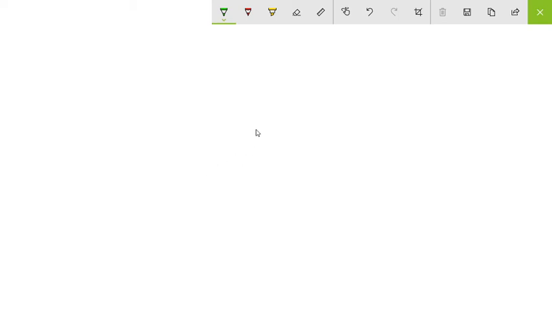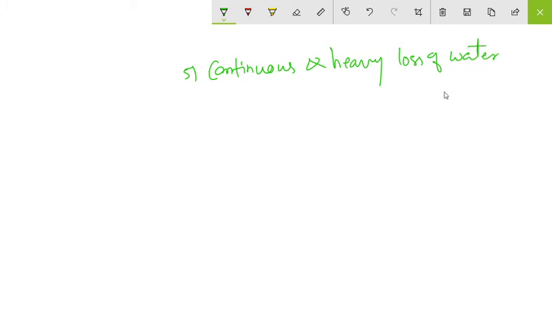There is one more phenomenon that takes place, and that is the continuous and heavy loss of water. From where? From the surface of the leaf, during the transpiration.